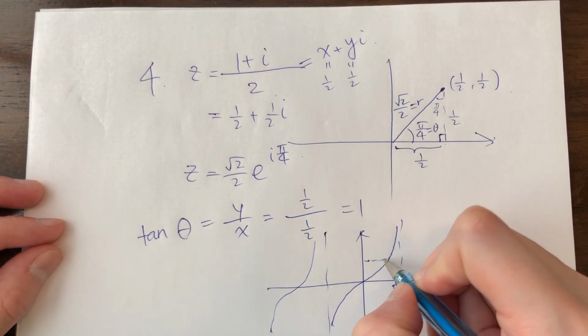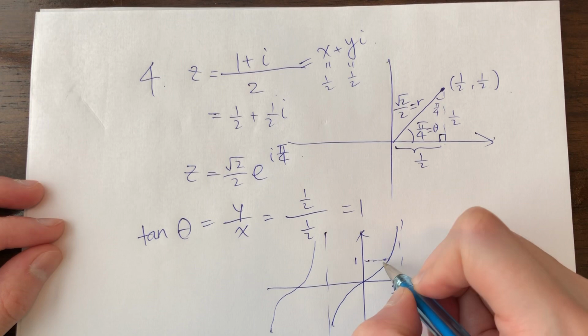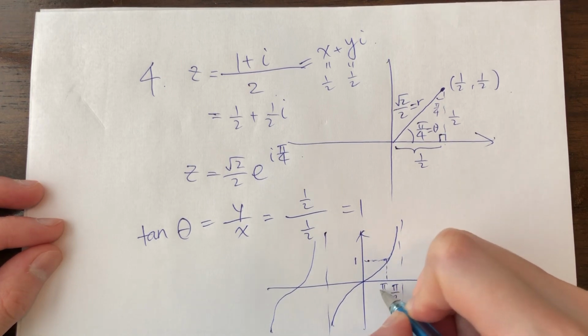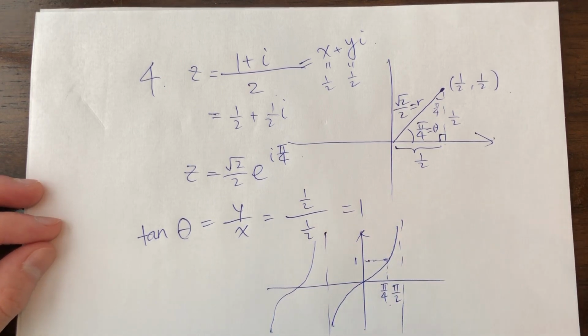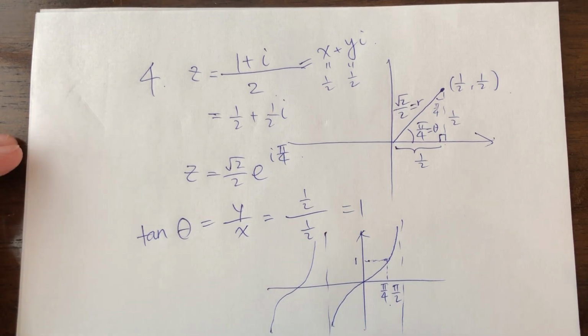If you know this is 1, then this corresponds to pi over 4. So the important thing is to be familiar with the special triangles to be able to do these problems correctly.